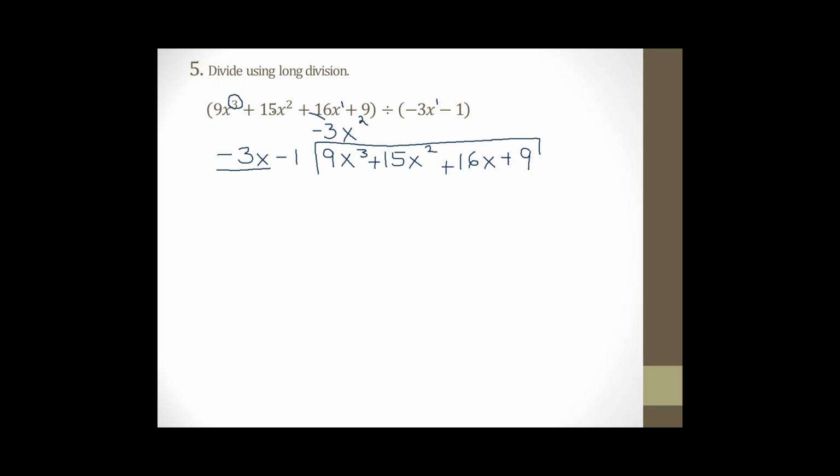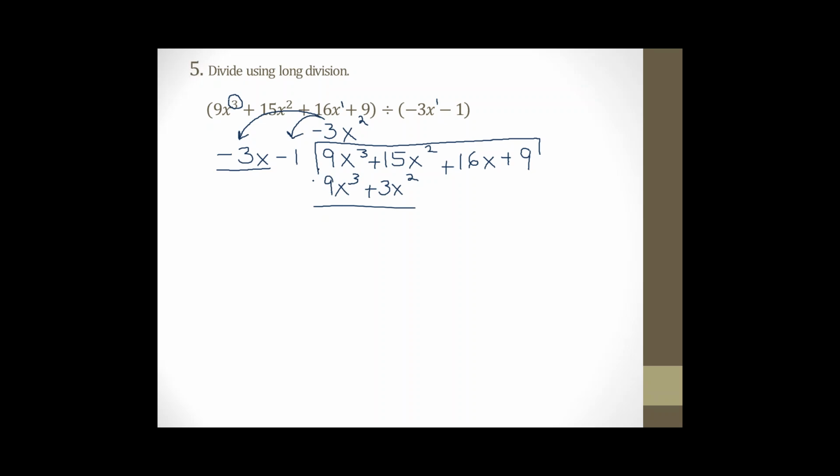So testing it, distributing it back in, negative 3x squared times negative 3x gives me 9x cubed. This first term always has to be the same. So it is, which means we found the right number, and now also distributing it to the second term. So negative 3x squared times negative 1 is positive 3x squared.